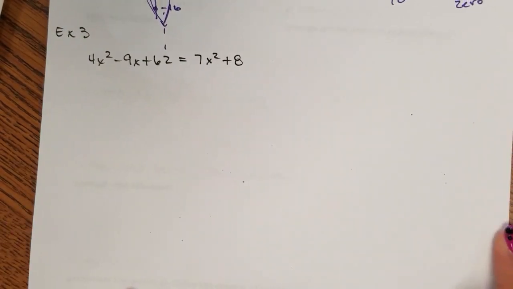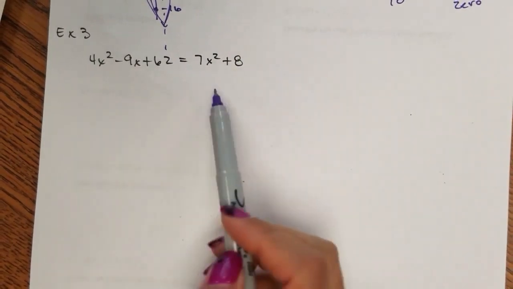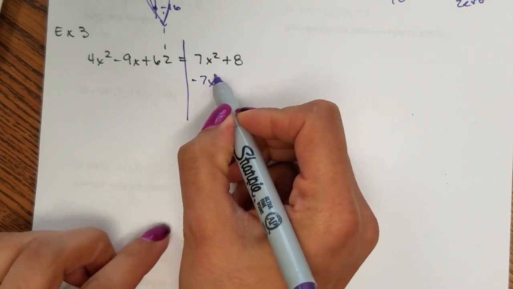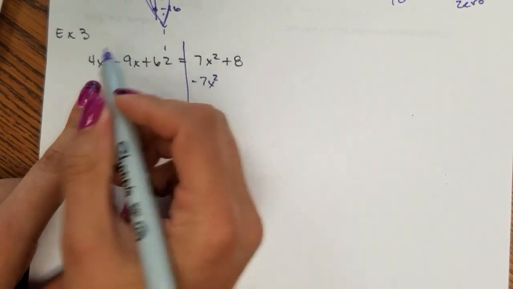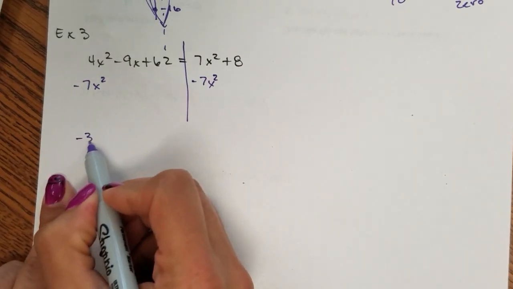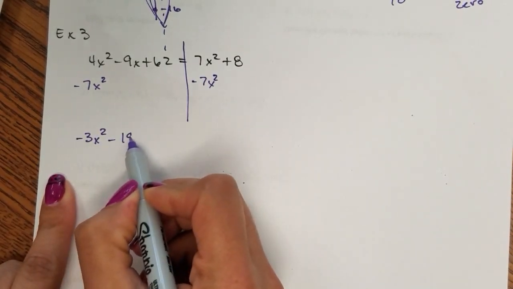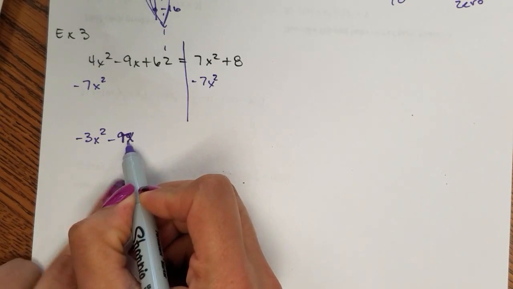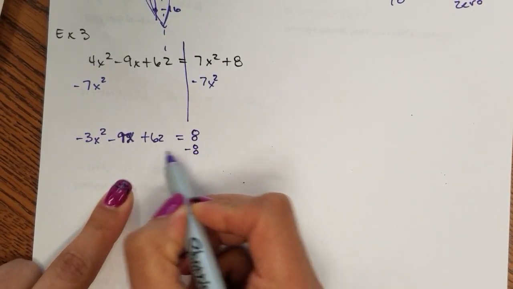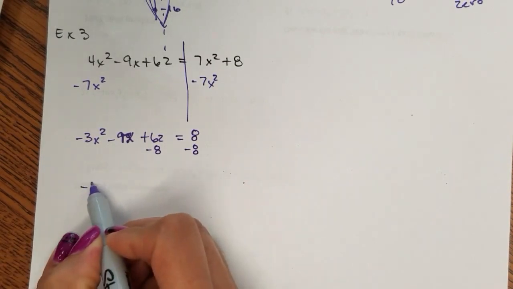And for the last example, it's just an extension of what we just did. This is not in standard form, so you want to move everything over. I do have an x squared term here, so you want to make sure to combine them. 4 minus 7 is -3, x squared minus 9x plus 62 is equal to +8, minus 8 on each side.